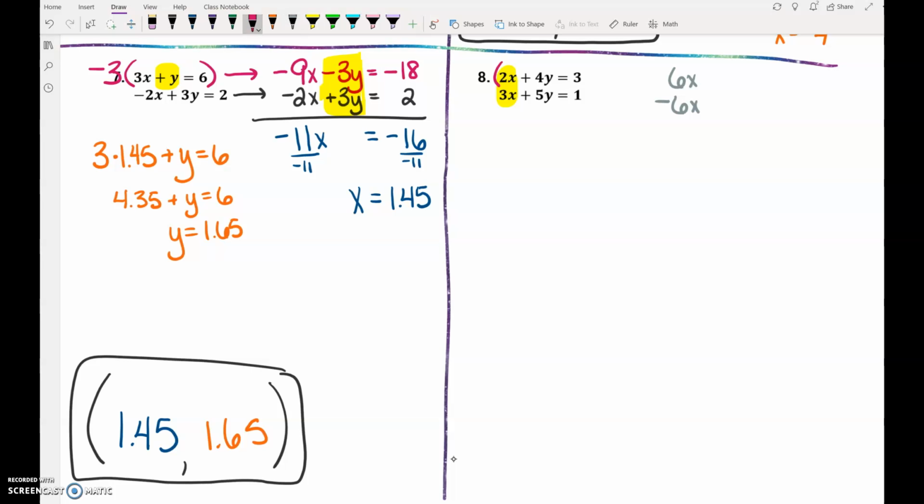On the top, if we want this 2x to turn into 6x, what do we need to multiply by? 3. So multiply by 3. We get 6x plus 12y equals 9.